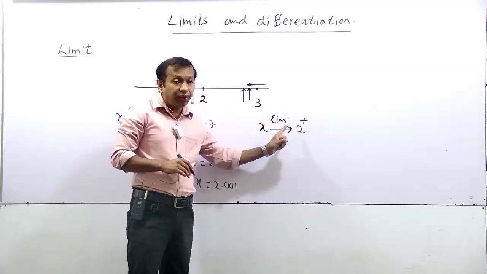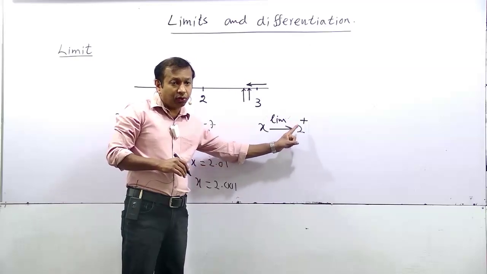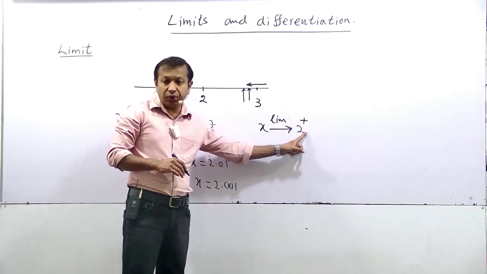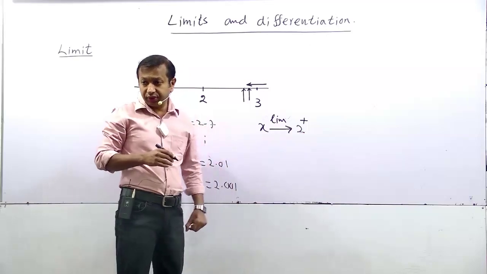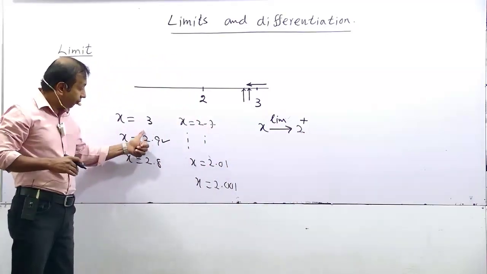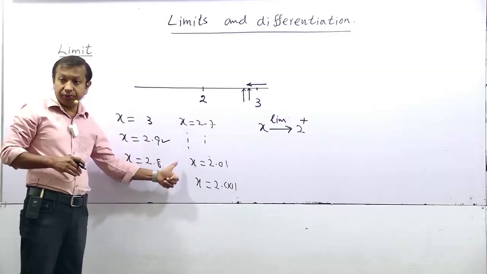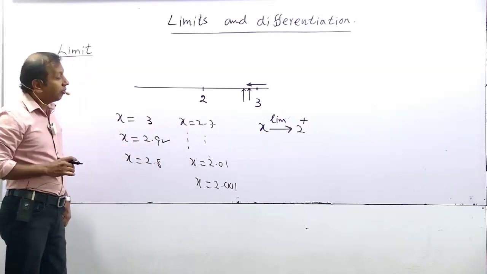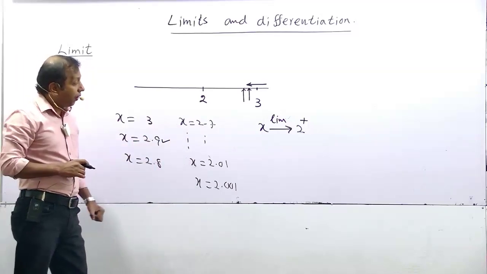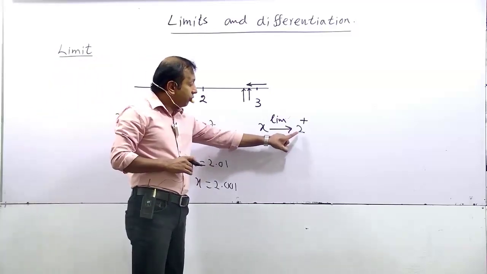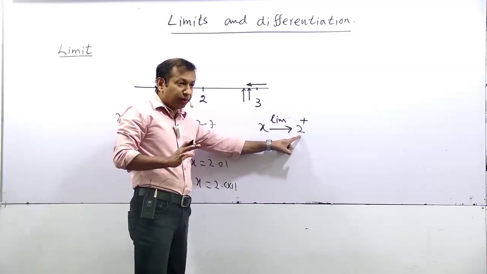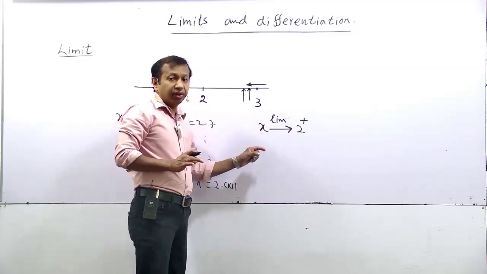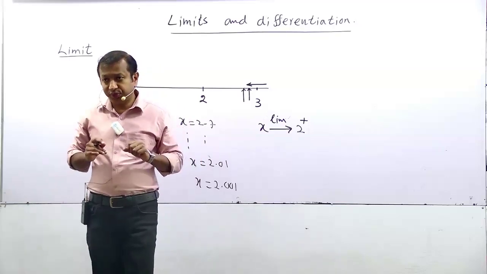What do you mean by that? X coming closer to 2, taking all the values available on the right hand side of 2. That means x takes these values. People, in this case remember, x takes values which are close to 2, which means this x never takes 2.